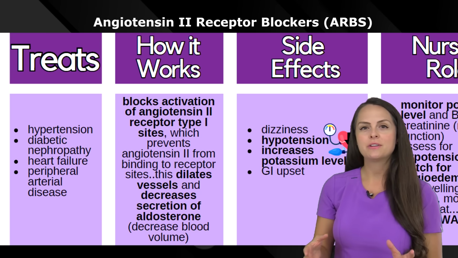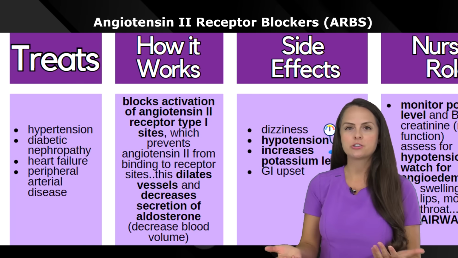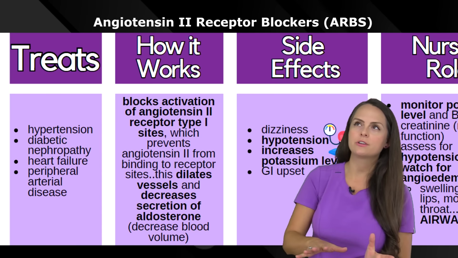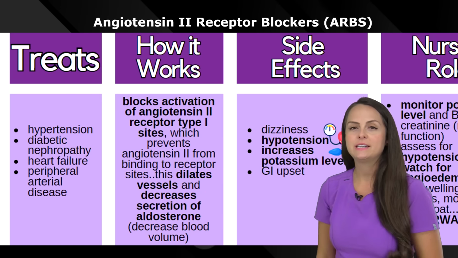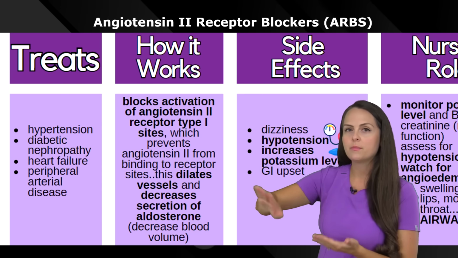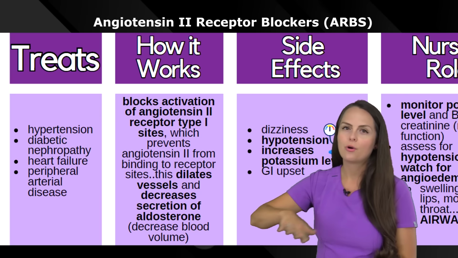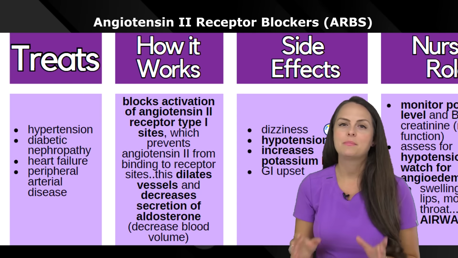And aldosterone is a substance that helps really regulate your blood volume. It normally causes your body to keep water and sodium, which helps build up your blood volume, and excrete potassium. But if we're decreasing aldosterone secretion, we're going to rid the body, so excrete our extra water and sodium, help decrease the blood volume, but we're going to keep potassium.